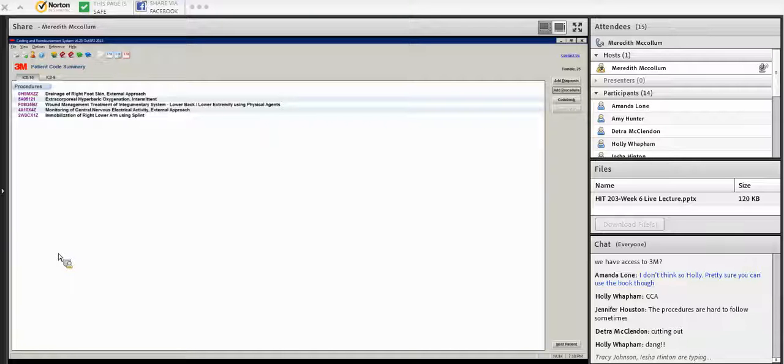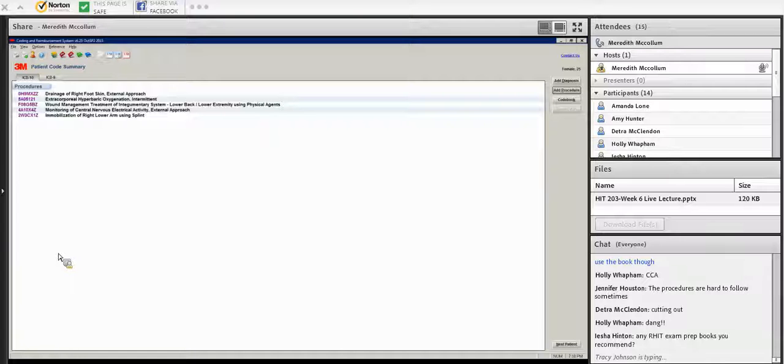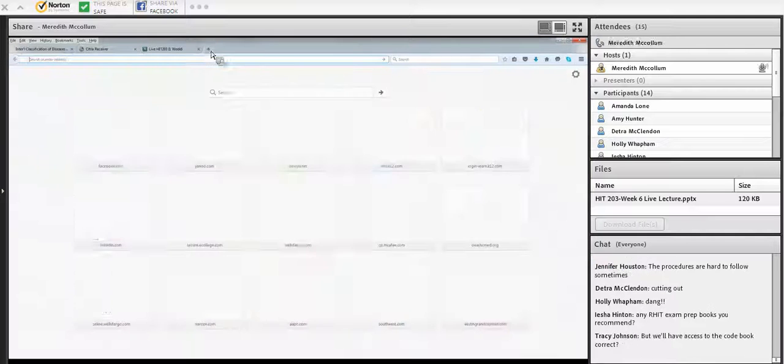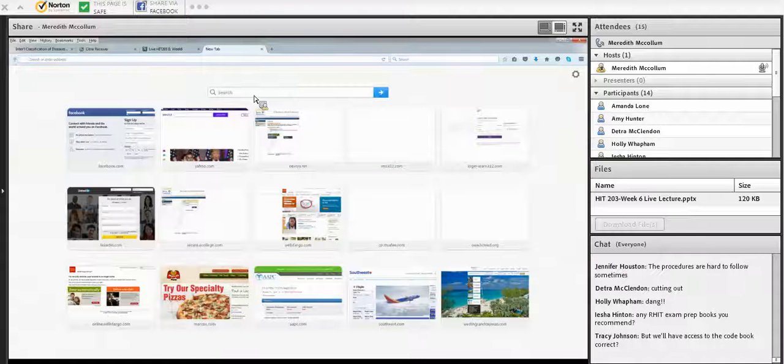Back when I took it, that was in '98 for the CCS, and that's a long time ago. As far as the RHIT exam, Tracy, no, not necessarily.